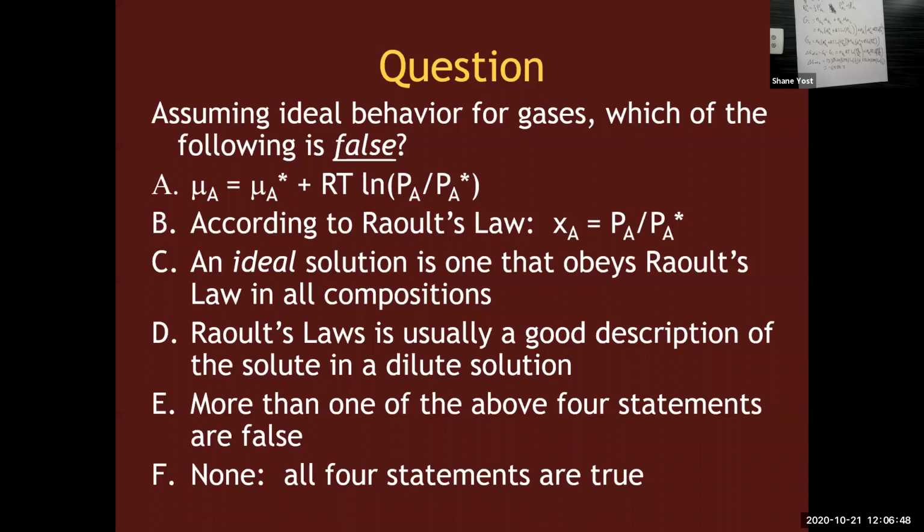Meaning all four statements, not necessarily that A, B, C, D, and E are true, but all four statements. D here is the only false statement, because Raoult's law is usually a good description of the solvent in a dilute solution. Henry's law is a good approximation for the solute in a dilute solution. Raoult's law is a good approximation for the solvent.